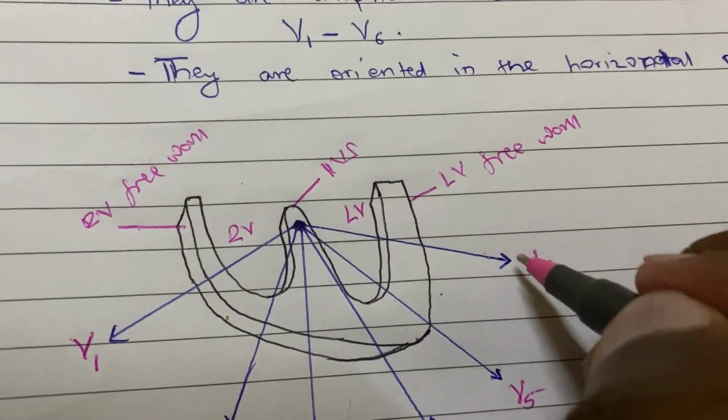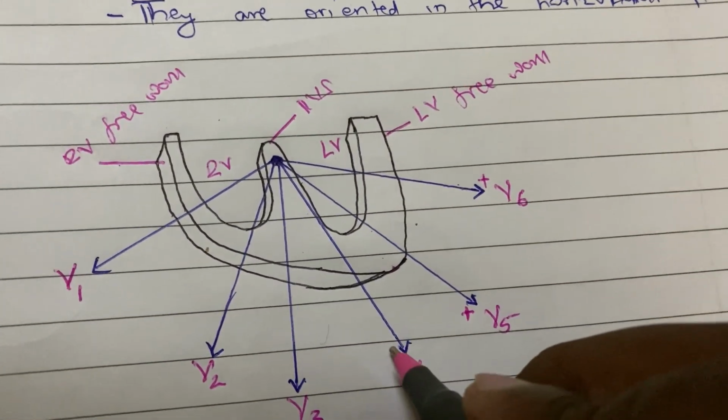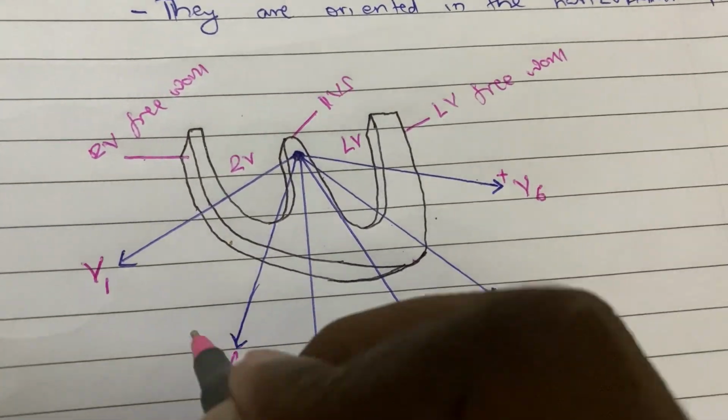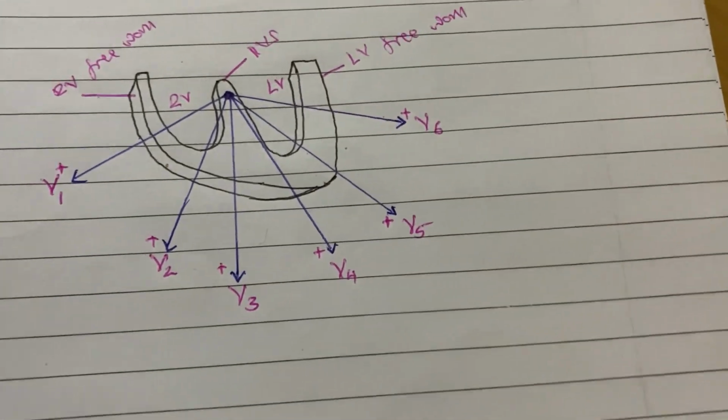All these are the positive electrodes that are placed. These are exploring electrodes, they are positive, and they are the ones placed on the chest wall.